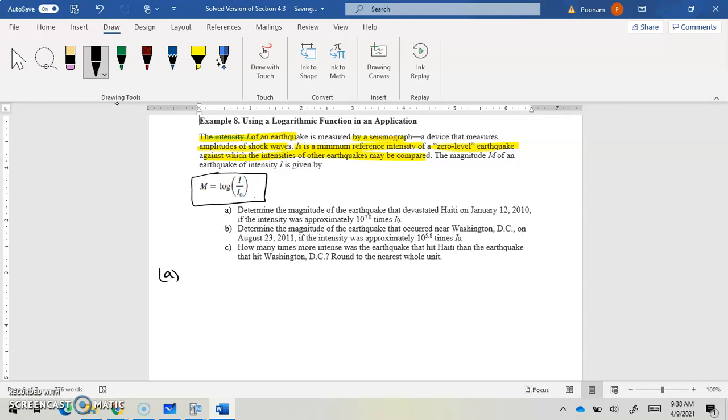Determine the magnitude of the earthquake that devastated Haiti on January 12, 2010 if the intensity was approximately 10 raised to the power 7 times I naught. So I is given to be 10 raised to the power 7 times I naught. The question is to find the magnitude of the earthquake. Magnitude is defined as log of I divided by I naught.